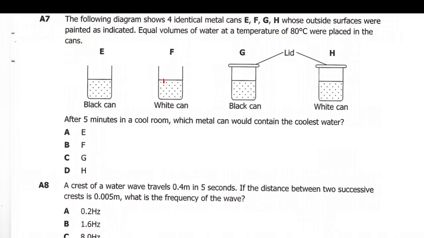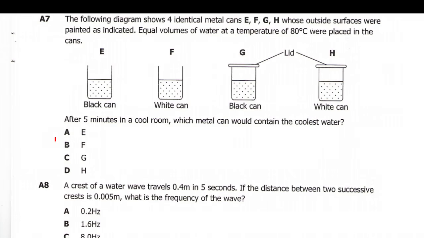So this one will lose, because it's open, but since it is white, it will not lose as much as the black can. These, since they are closed, this one is closed, so it won't lose through the opening here, but just through its body. But this one also will lose, but not much, because it is a white can, and since it is closed, there will be no heat that will go out through its opening.